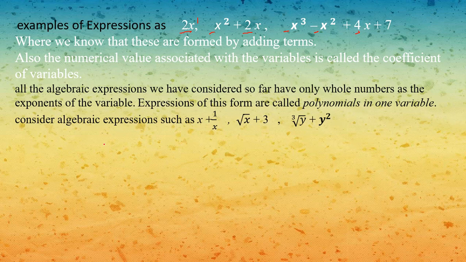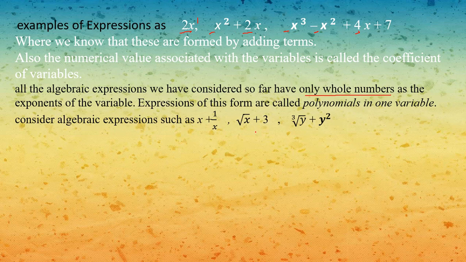So when we observe all these exponents, 1, 2, 1, 3, 2, 1, all of them are whole numbers. Remember, only whole numbers. Expressions of this form are known as polynomials, and since we are talking only about the variable x, these are polynomials in one variable.